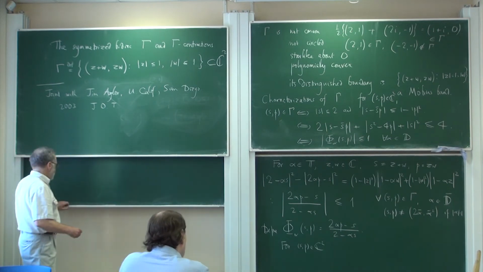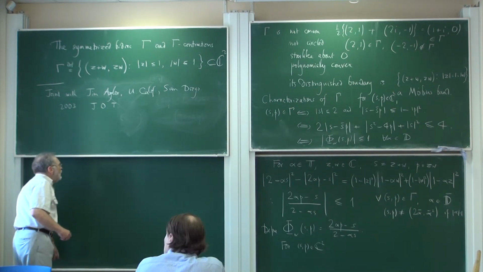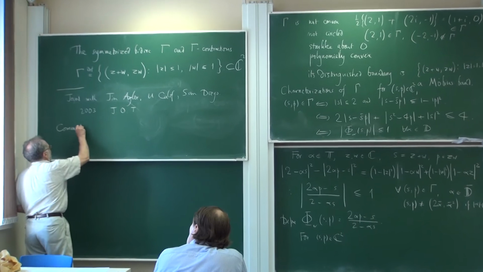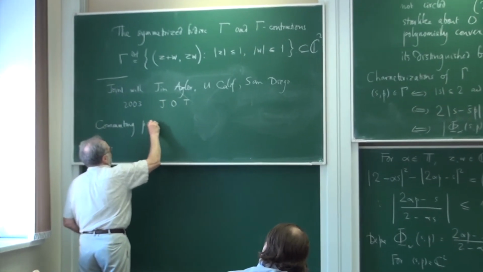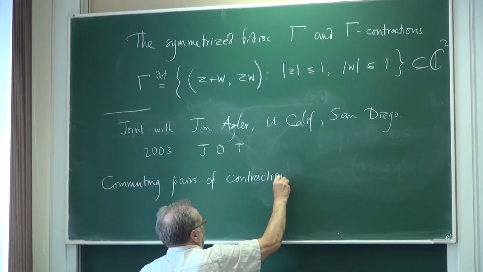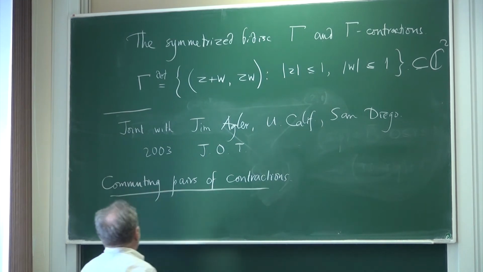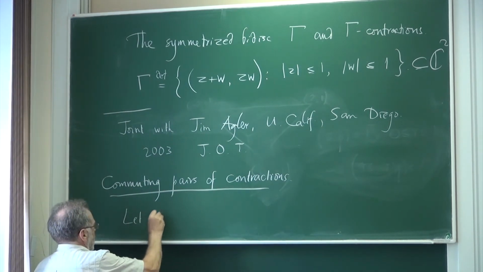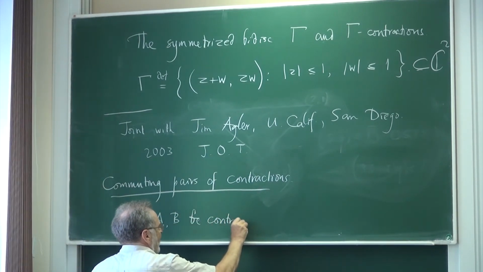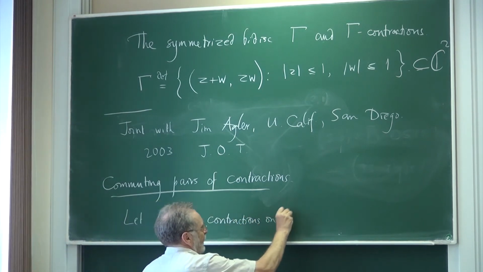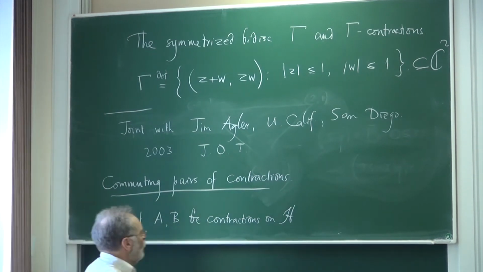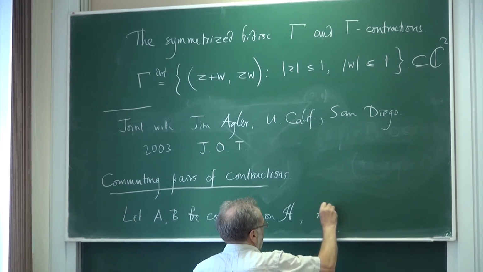Right, so let's come on to commuting pairs of contractions. Does one say commuting pairs or pairs of commuting? I don't know. So, commuting pairs of contractions. Let A and B be contractions on a Hilbert space H. I always assumed Hilbert spaces are separable, and AB equals BA.